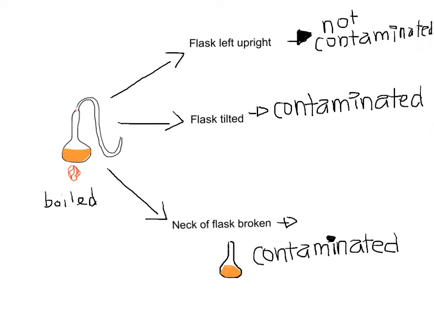We understand these results by saying that bacteria in the air in an upright flask cannot travel down and then up and then down again to get into the broth. But if the flask is tilted, the broth can come in contact with the air and there is bacteria in the air. Similarly, bacteria in the air, if the flask's neck is broken, can fall down into the broth and then grow in the broth.